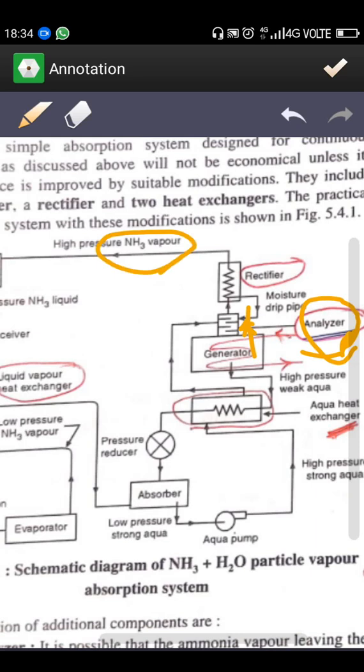It allows only vapors to go outside. The rectifier again cross checks that if any liquid droplet is going along with the vapor ammonia, then the rectifier eliminates it and sends it back to the analyzer by this way. And this heat exchanger is used to reduce the work of the heat coil in the generator.